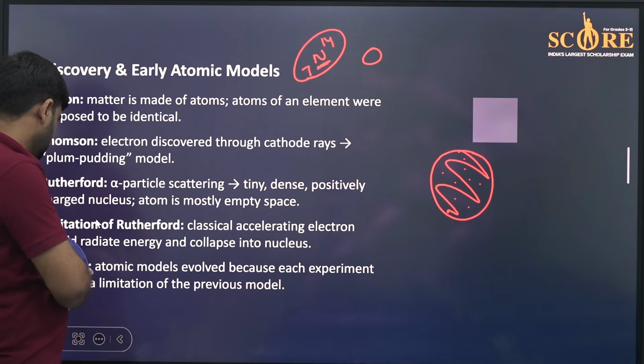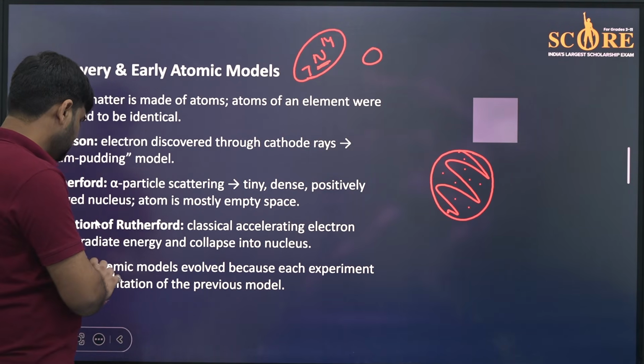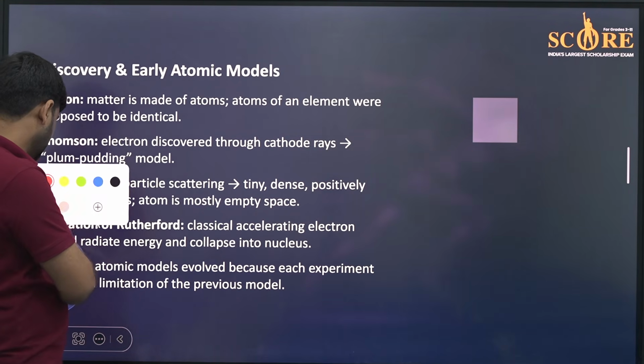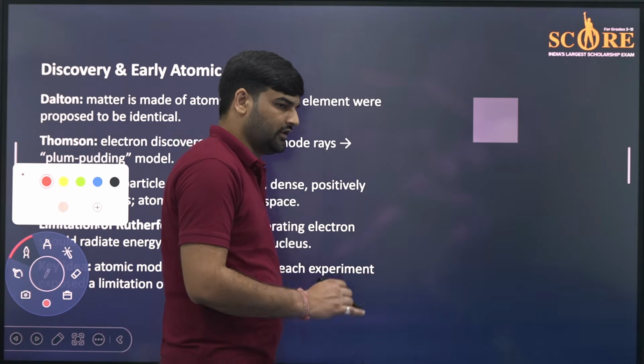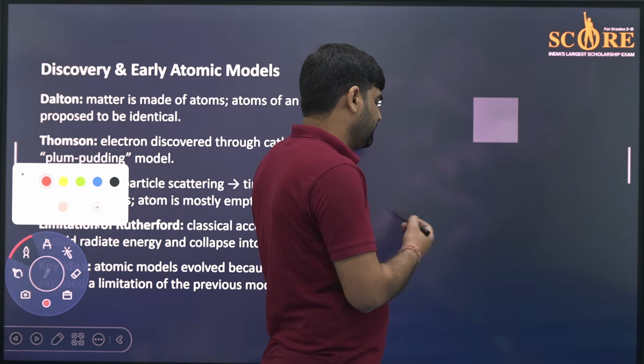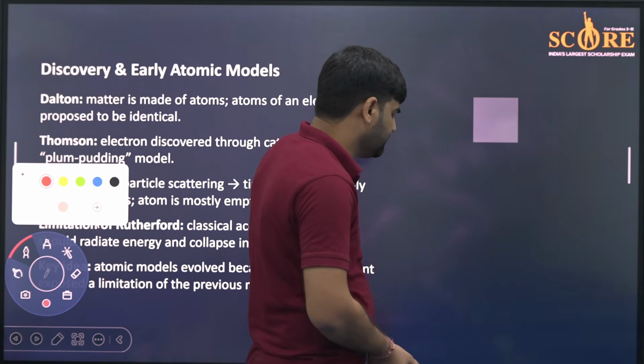After that came the Rutherford model, since the Thomson model also failed. What points are given in the Rutherford model? This model was based on the alpha particle scattering experiment.